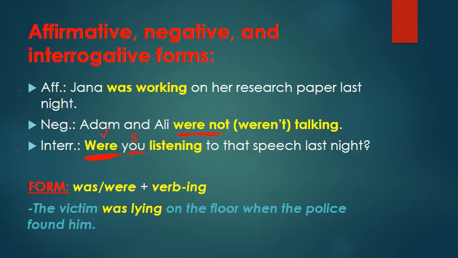Verb, subject. This is how we write a question. Now, so obviously we deduce that the form is was or were plus verb and ing. The victim was lying on the ground, of course, on the floor when the police found him. Okay?